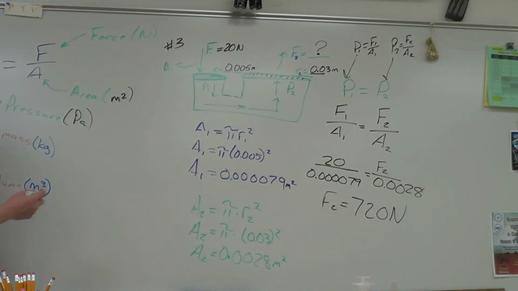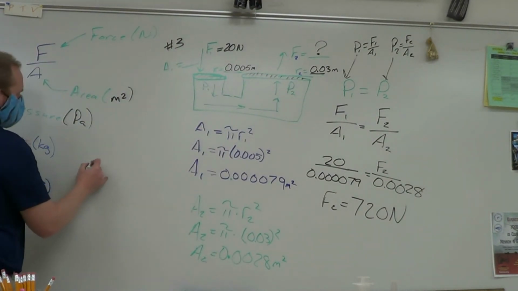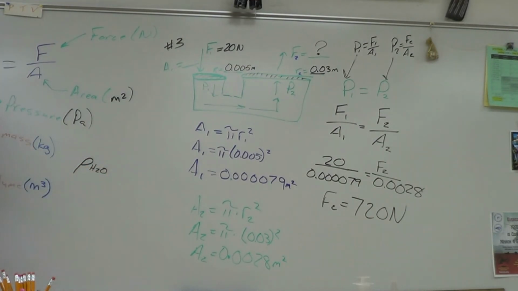Some common units that we use: we talk about the density of water. Now when we talk about the density of water, there's different types of water. And I'm not talking about like Kroger brand of water versus Fiji water. I'm talking about fresh versus salt is how we classify those. So when we talk about fresh water, we're just referencing non-salt water. And then we have salt water.